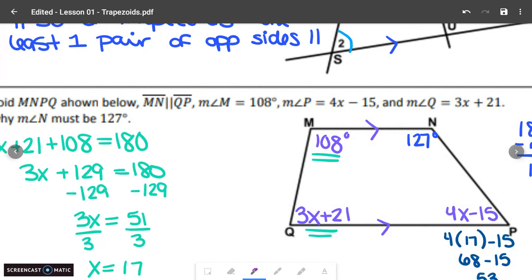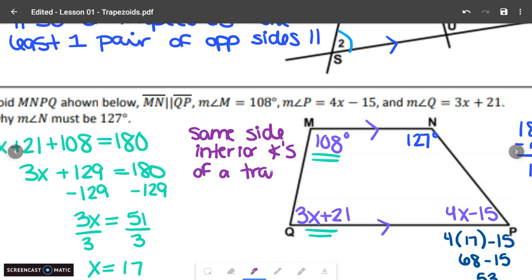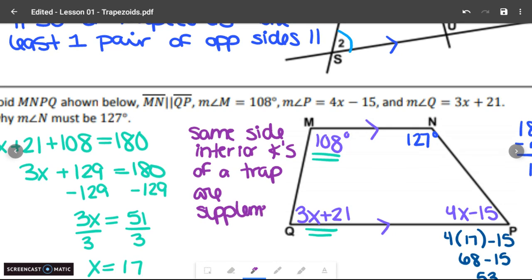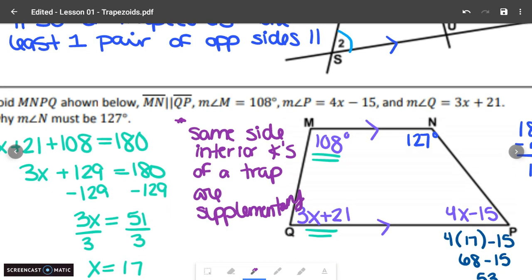So I would say same side interior angles of a trapezoid are supplementary. That and the work that's shown would be enough to show us that 127, but we needed some kind of phrase to tell us that explain part.